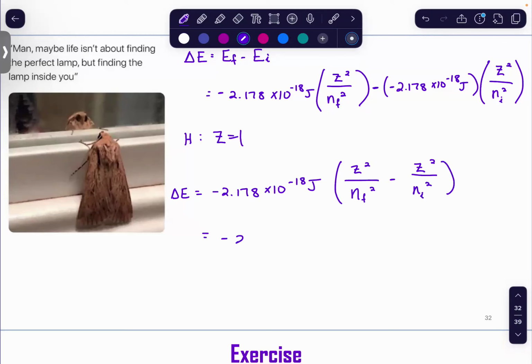Or your negative 2.178 times 10 to the negative 18th joules, and you get, so 1 squared is 1, 1 over n final squared minus 1 over n initial squared.